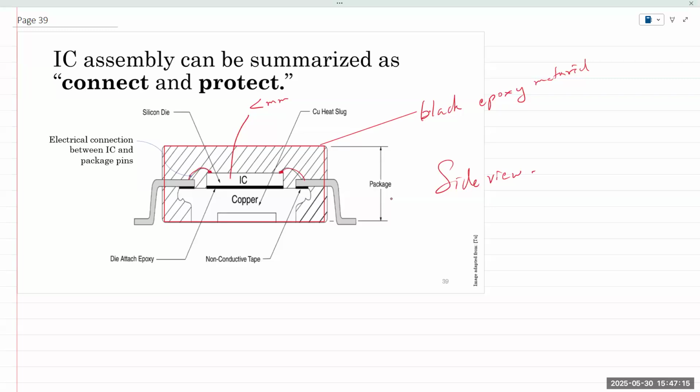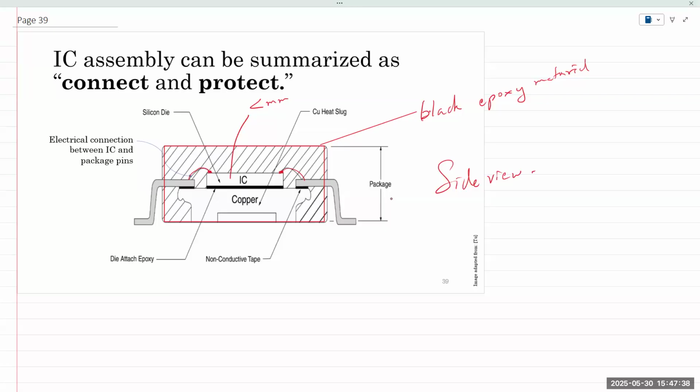And this is basically what we actually handle. The actual chip is not available to us. The actual chip is inside. It's hermetically sealed inside this package. If you are handling a chip, whether it's 8-pin, 10-pin, 12-pin, 14-pin, or 16-pin, that is just the outer packaging.